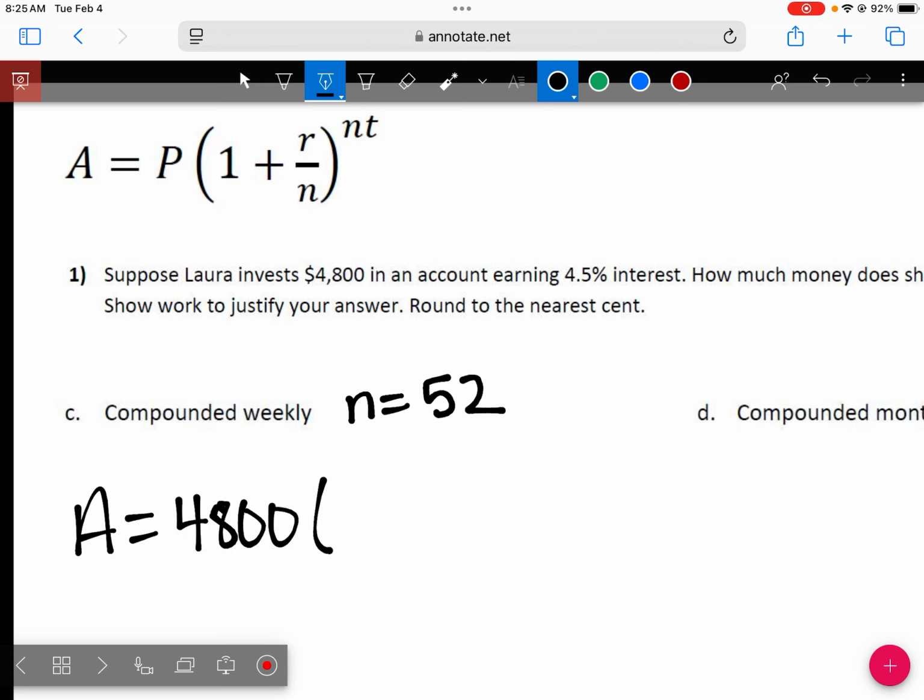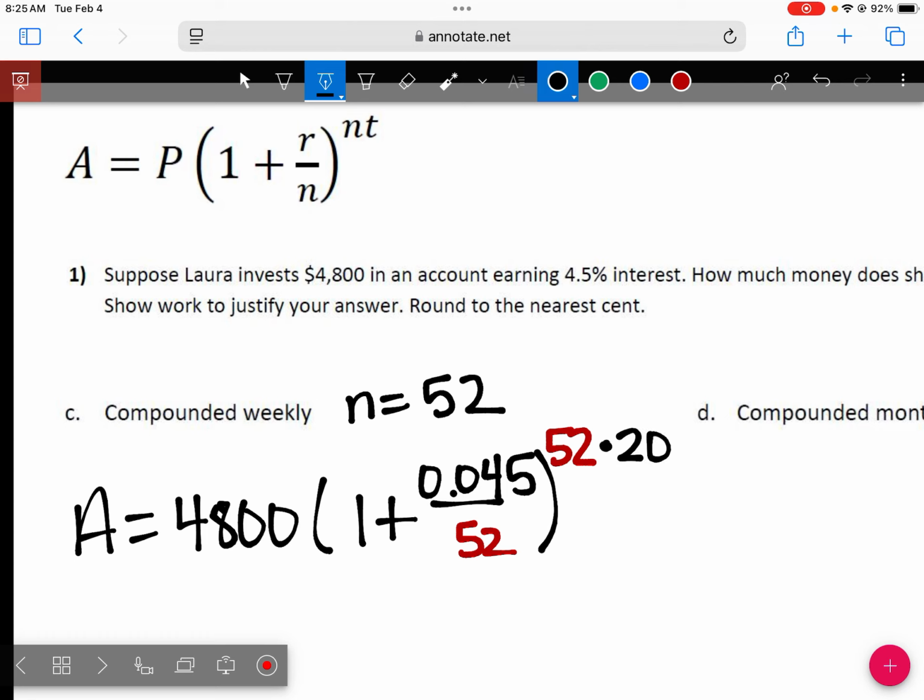4,800, parentheses, 1 plus, fraction bar, 0.045. Now it's over 52. 52 goes here, and the 52 is going to go here. And this is times 20, this is not a decimal point. Go ahead and type that in.